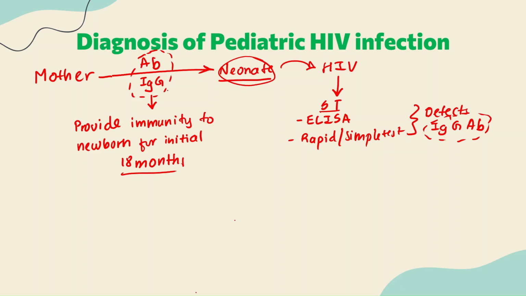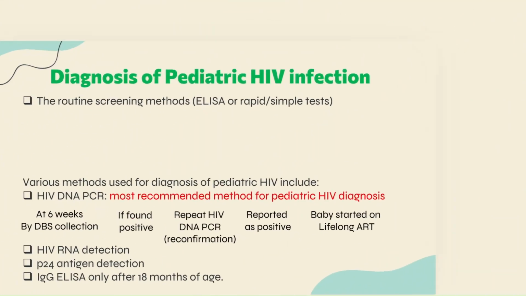Now, because of the presence of two IgG antibodies, the maternal one and the baby's own antibody, ELISA and the rapid simple test are unable to differentiate, and therefore we cannot make use of these tests. That is what is written over here, guys.